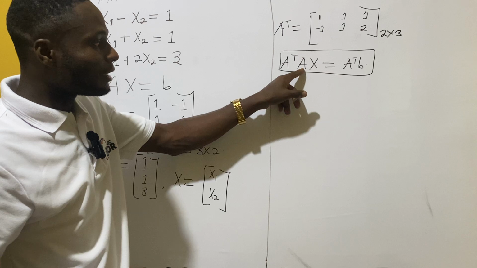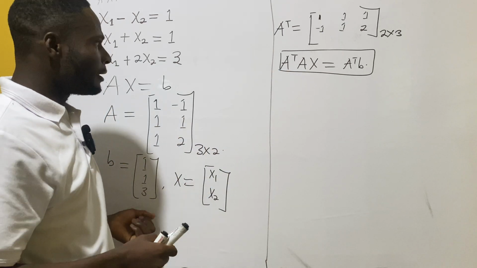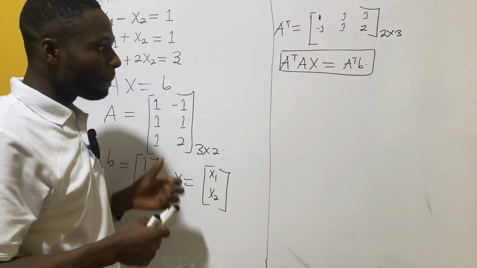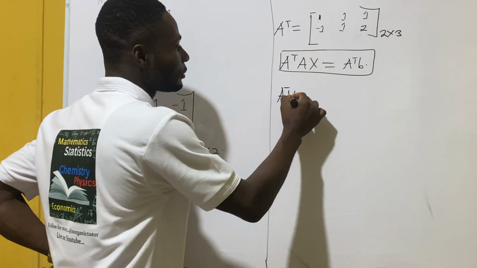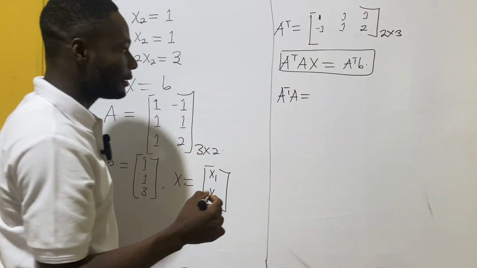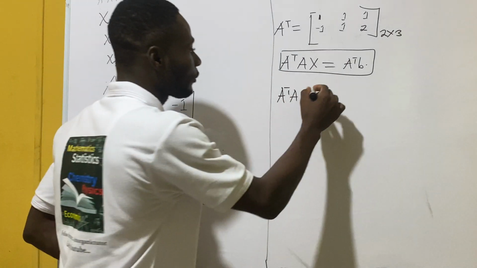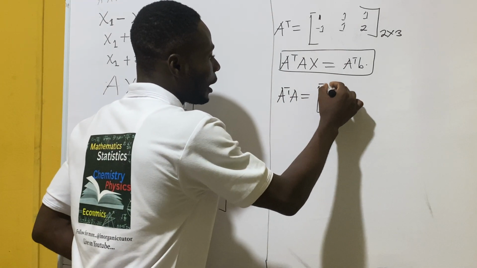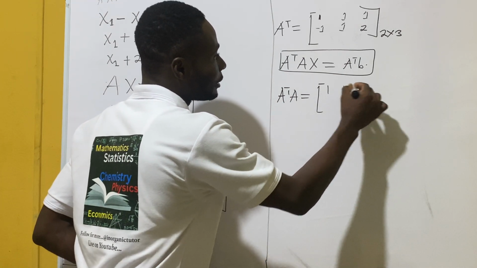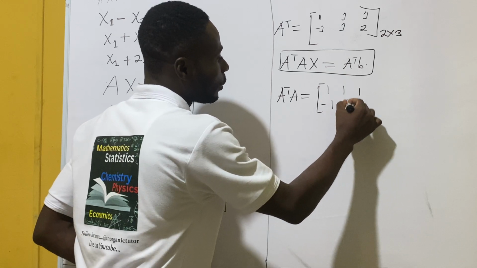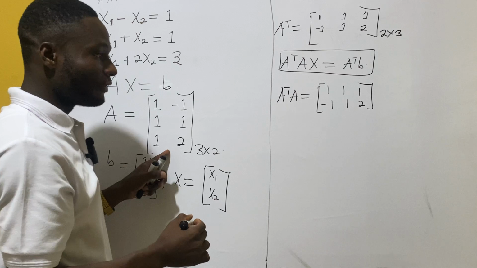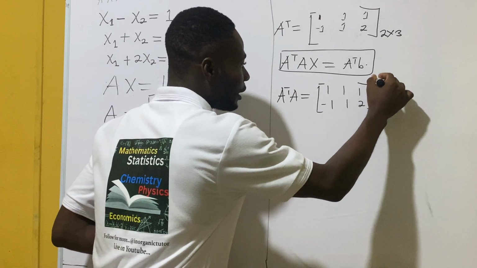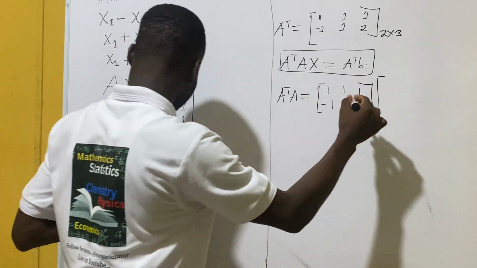We have to multiply the transpose by the matrix A, right? So we're going to have A transpose A, which is going to be 1, 1, 1, -1, 1, 2, multiplied by the 3 by 2.